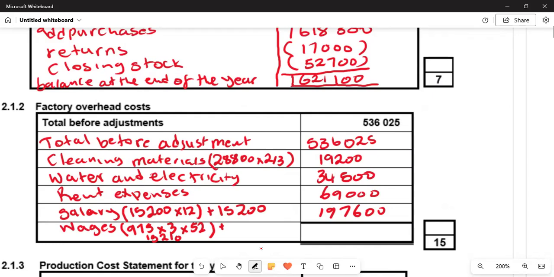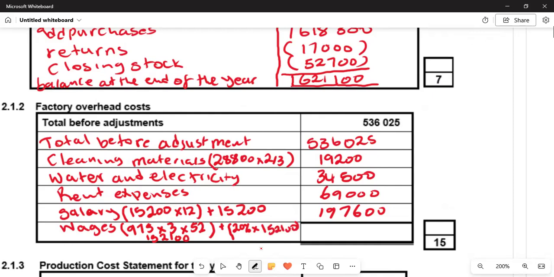20%. We're told about 20% of the basic wage as the bonus. So we're going to say 20% times 15,200, times our basic wage.